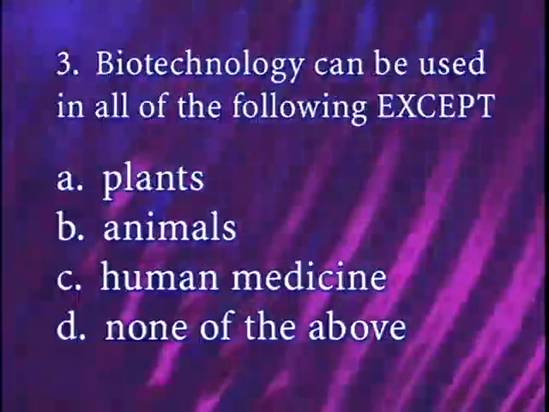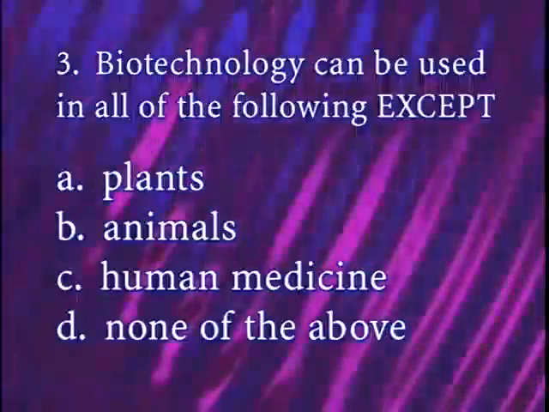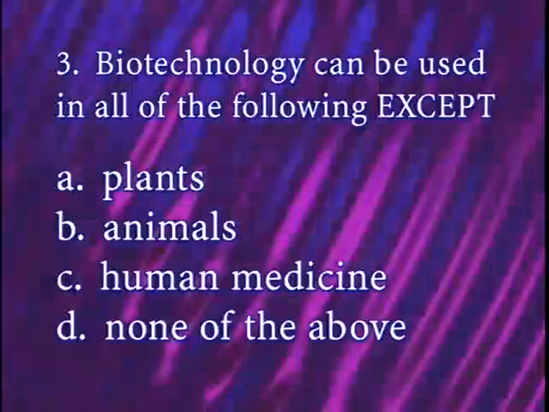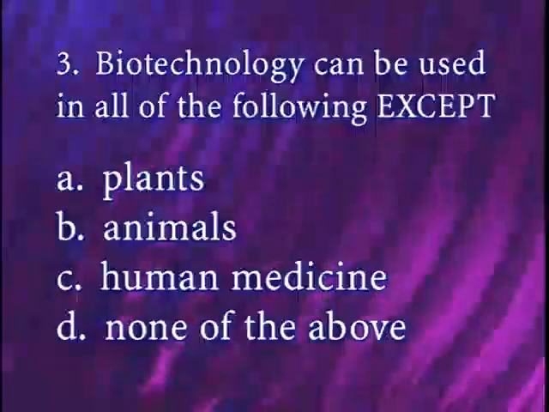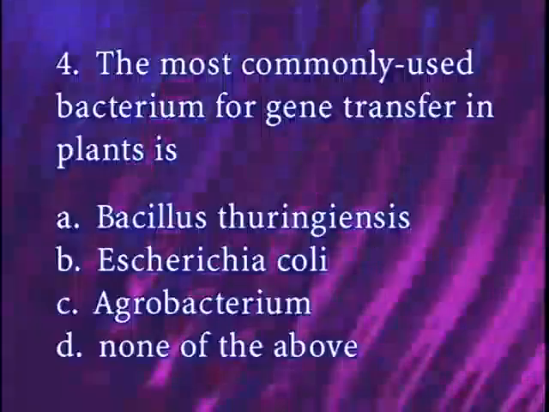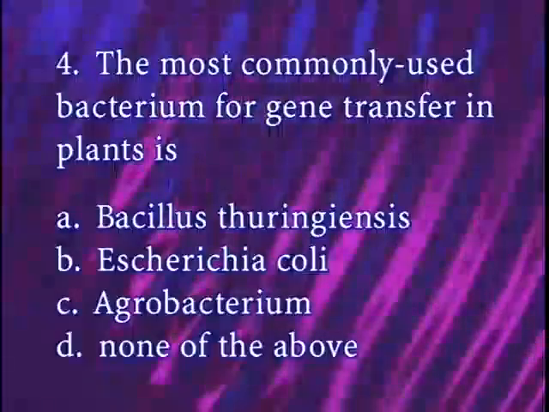Biotechnology can be used in all of the following except A. Plants. B. Animals. C. Human medicine. D. None of the above. The most commonly used bacterium for gene transfer in plants is A. Bacillus thuringiensis.